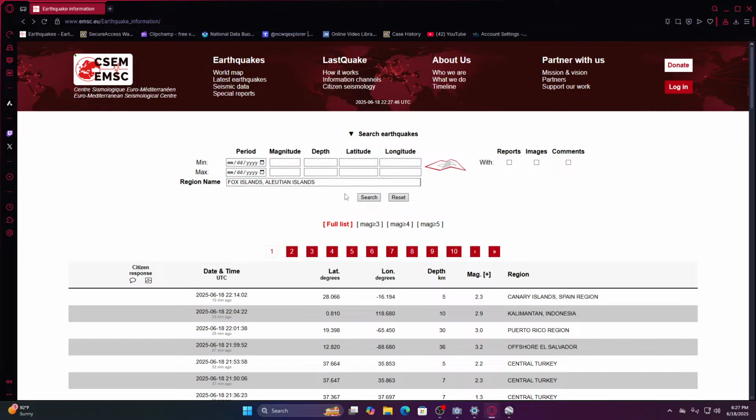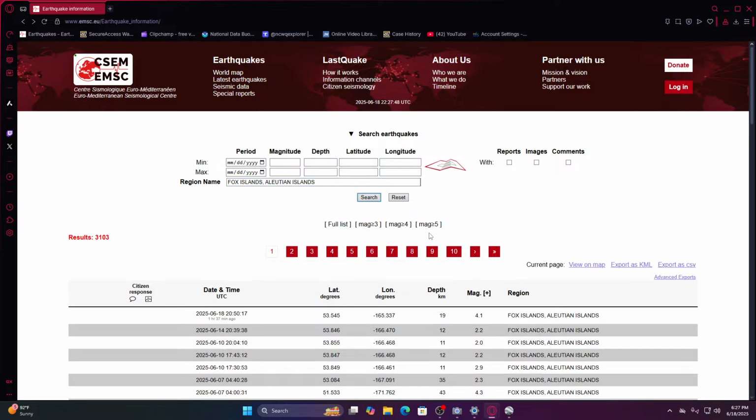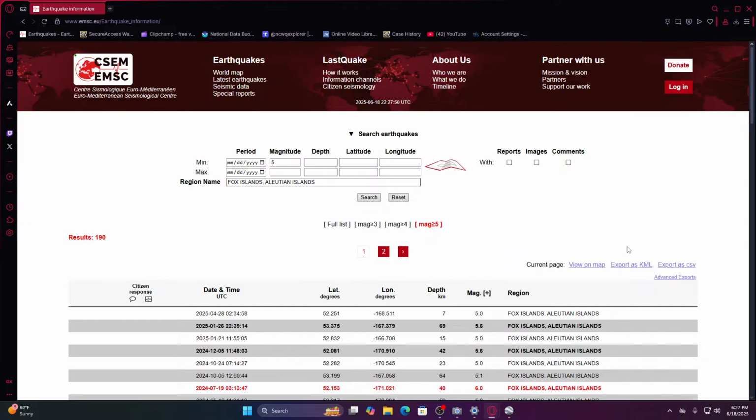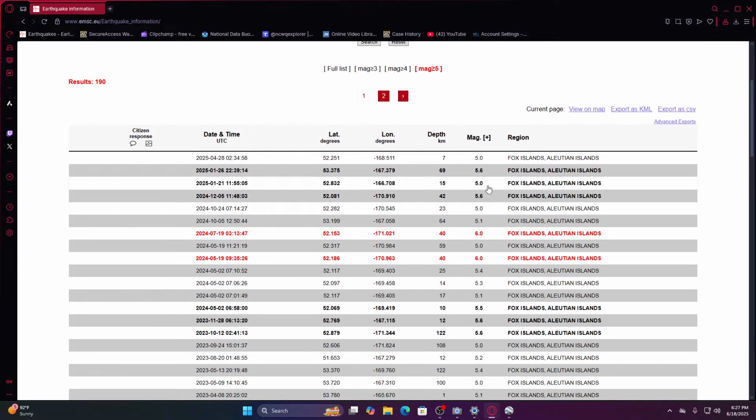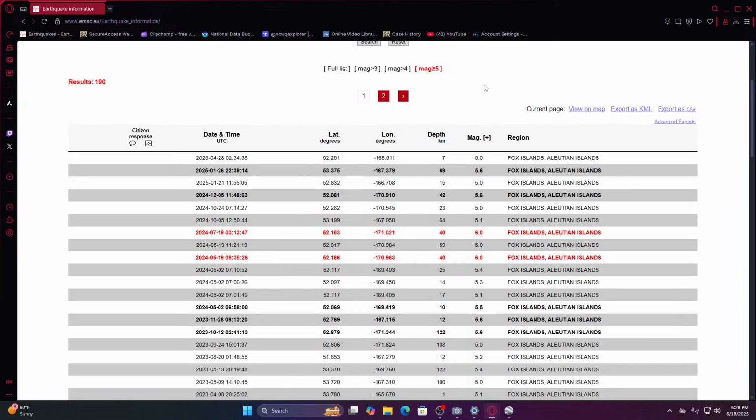We'll pull it up that way because I was looking at it a different way, but that's not the way to have looked at it. So, when we're looking here, the last big one, like I was talking about, was 1/26. No, I'm sorry, 4/28, 2025. And the bigger one before that was 1/26, 2025. So we're having a 4.0 in that area. That's why I say I think it's an aftershock.